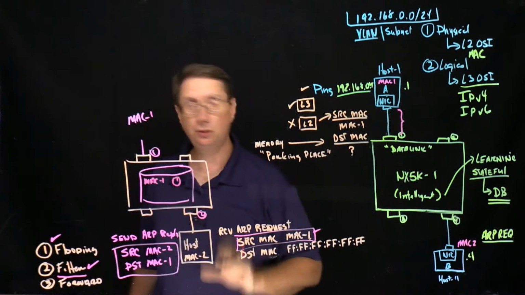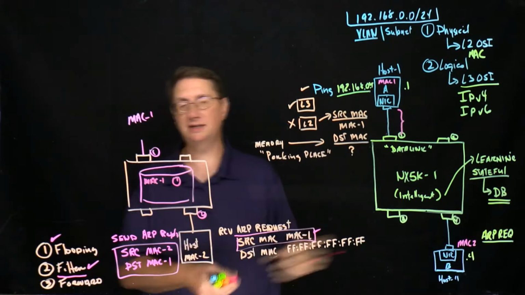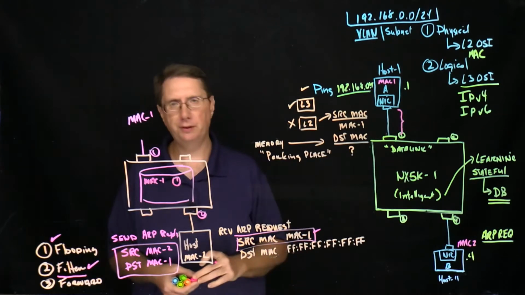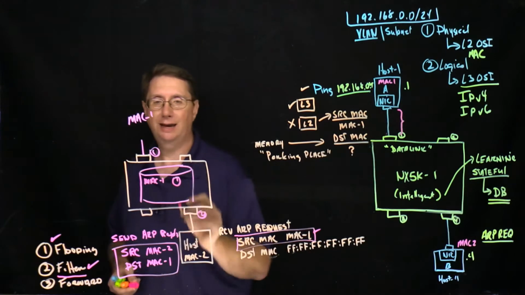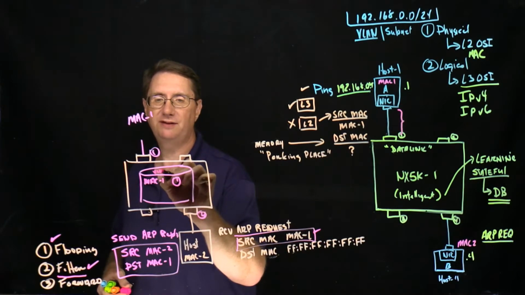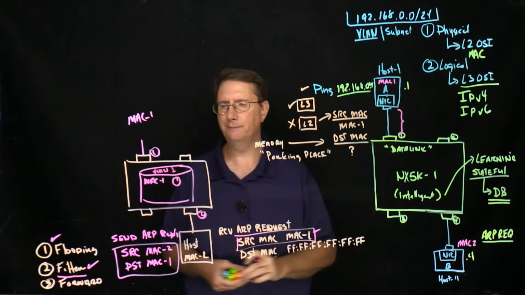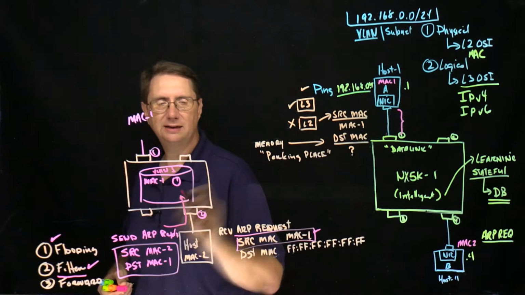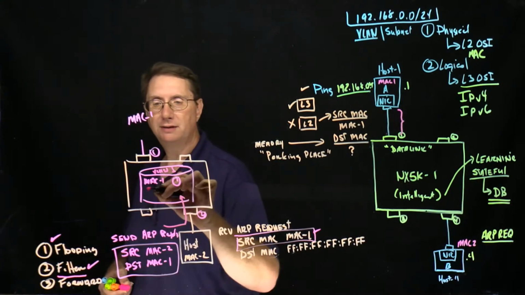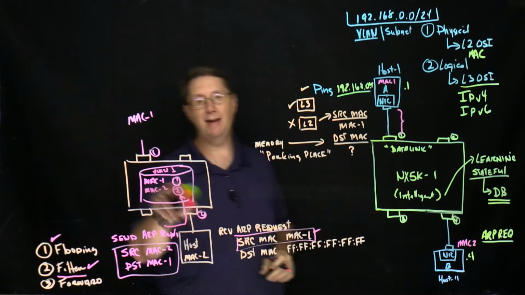Didn't pay attention to the all Fs because that was the destination MAC address, and we don't learn destination MAC values, nor would I ever put a broadcast or a flood MAC address in the CAM table. And remember, we're talking about this for a specific VLAN, VLAN 1, and we'll get into VLANs in some detail a little bit later. And it is not until this ARP reply gets sent that the switch learns about MAC address 2, and it makes an entry that it is reachable via MAC address 2.